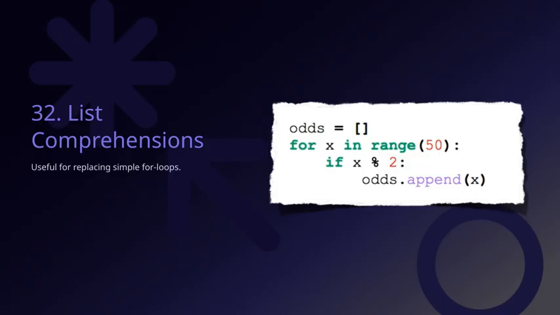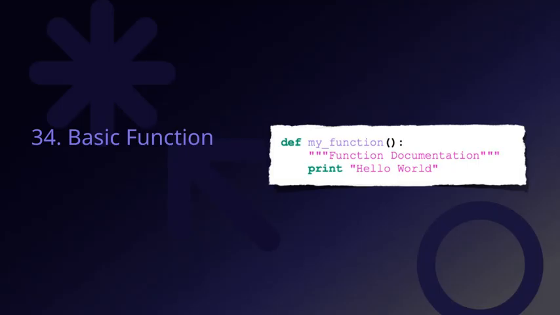So, as we continue, keep in mind that mastering list comprehensions is a key step toward more efficient Python programming. Let's talk about the basic function. Essentially, this slide highlights the core role that this process or system plays. It's about understanding what it does at its most fundamental level. The key point here is that the basic function serves as the foundation for everything else built on top of it. Without a clear grasp of this core purpose, it's hard to see how everything else connects and works together.